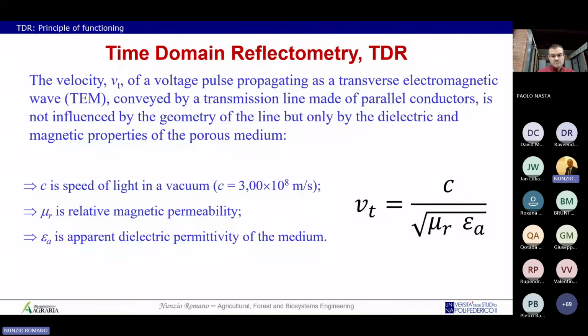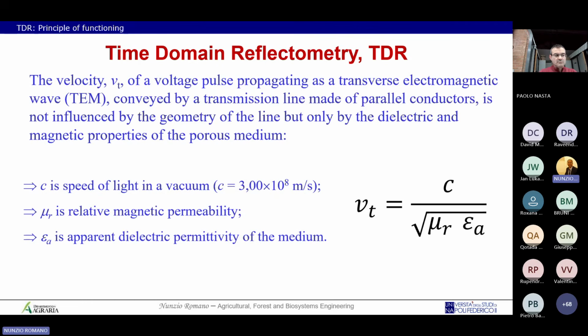And so the theory of the time domain reflectometry is that we consider the velocity of a propagating wave, which by definition is a transverse electromagnetic wave, TEM.